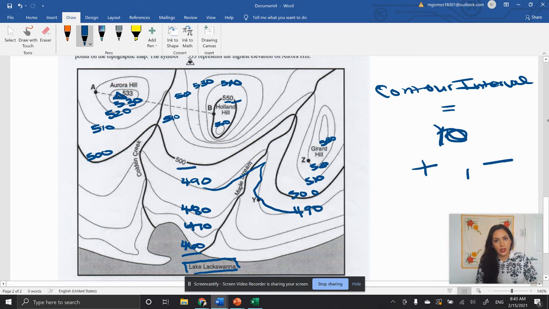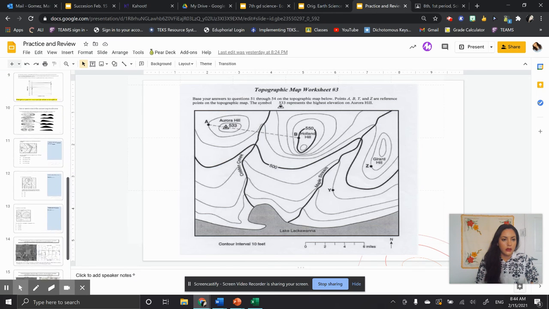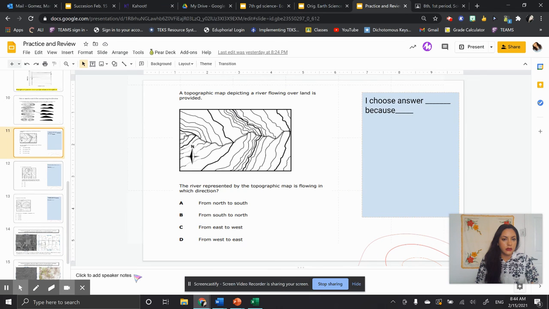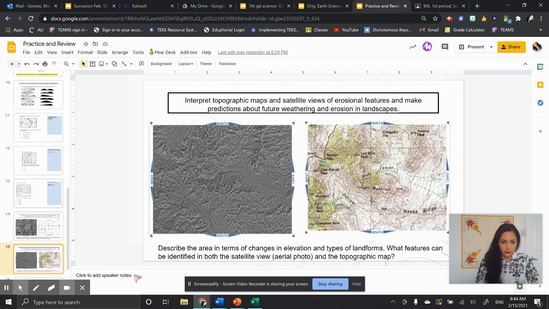Go ahead and answer the questions, and anywhere you can, write the elevations down or take a picture of this, and that can really help you answer the questions. After you're done with these questions and the satellite maps as well, if you still have time, you have more practice right there. Also try to use the satellite images for a topographic map.